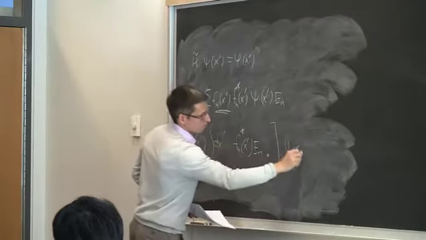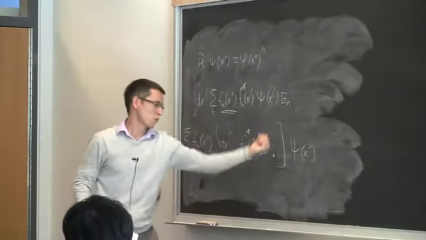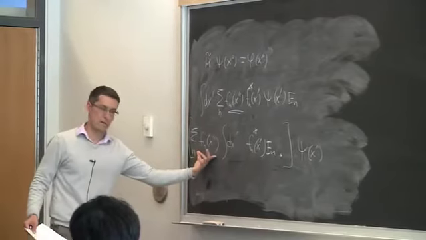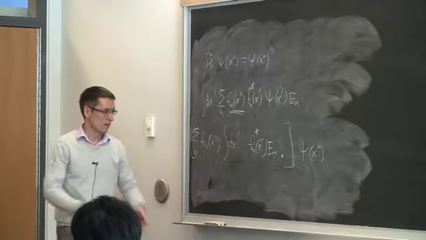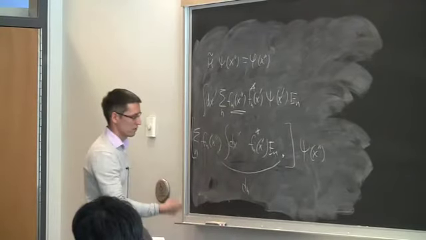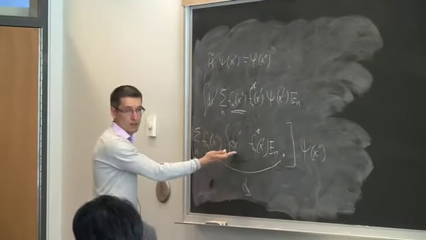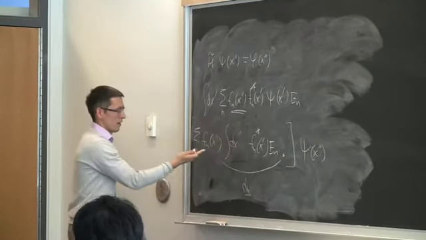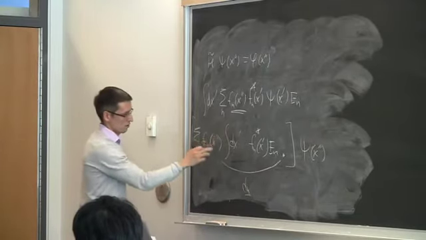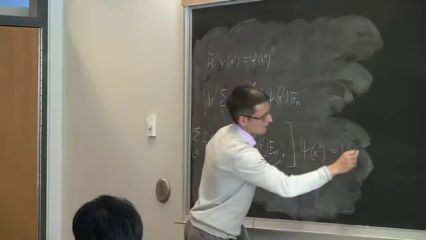If we had a function psi of x double prime, we make it a function of x prime, integrate over x prime, and multiply by this fn. Each component depends on n, but it's a constant because we integrated over all the variables x prime. Then we just get the summation of our basis functions, functions of x double prime, times these constants, and that will form our result, phi of x double prime.